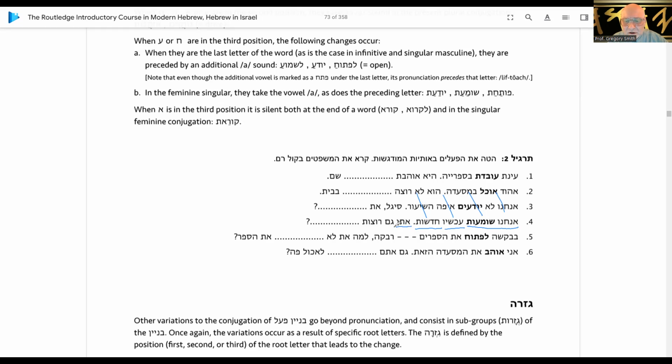"Atem gam rotsot." So you all, that's feminine plural, also want. Do you all also want what? Probably to listen, right? So basically I've got to come up with the conjugation that means "to listen." I think that was up there somewhere.